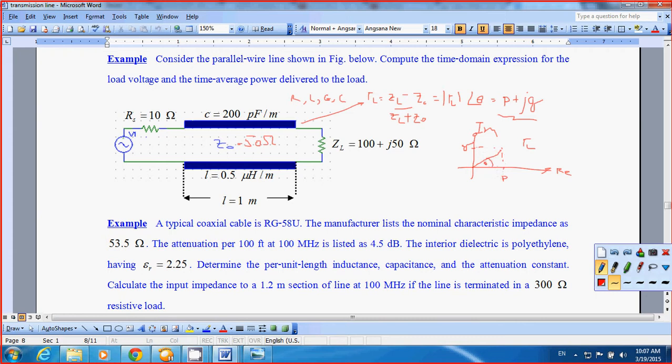You measure it in the counterclockwise direction. When it's down here, measuring in the clockwise direction, your theta is going to be negative. So this is the transmission line picture before you move to the Smith chart.